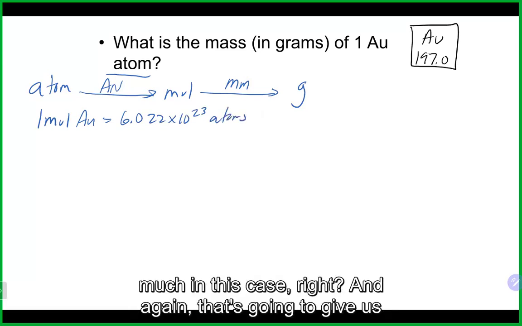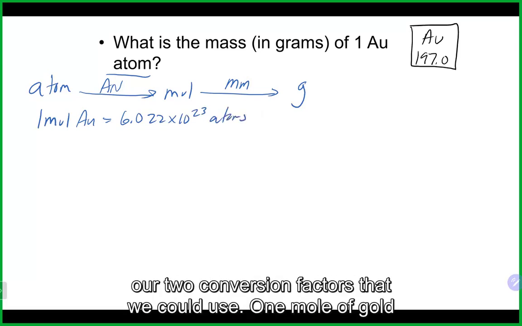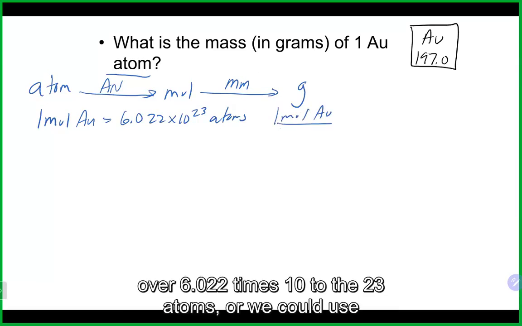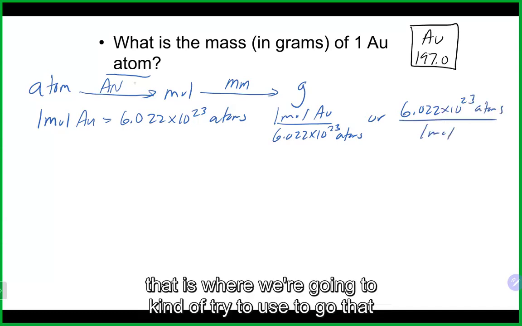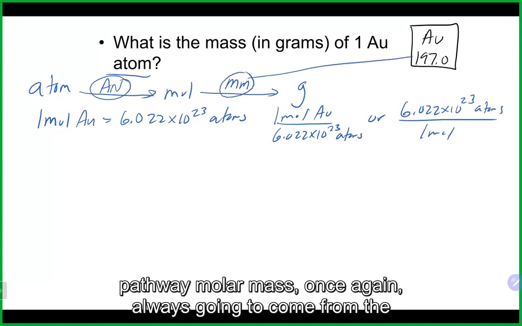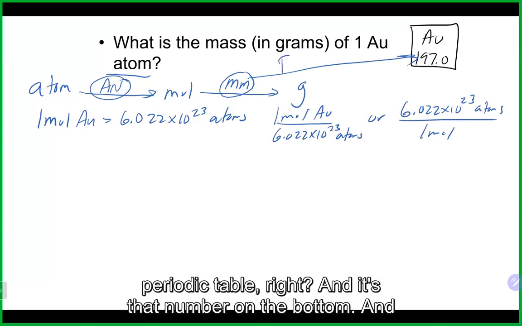That's going to give us our 2 conversion factors that we could use: 1 mole of gold over 6.022 times 10 to the 23 atoms, or we could use Avogadro's number up on top over 1 mole. That is how we're going to go down that pathway. Molar mass, once again, always comes from the periodic table, right?